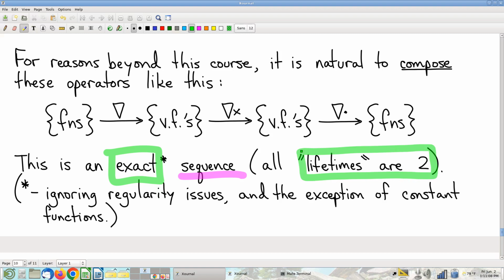Example. If you have a function and you compute its gradient, that will give you a vector field, but then if you take the curl of that vector field, you will get 0. So I call this a lifetime.